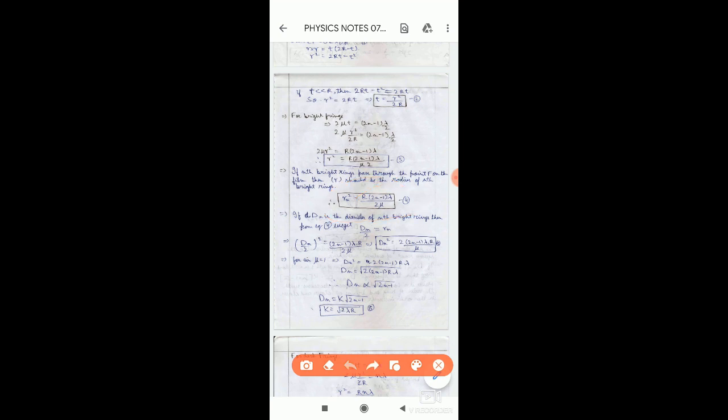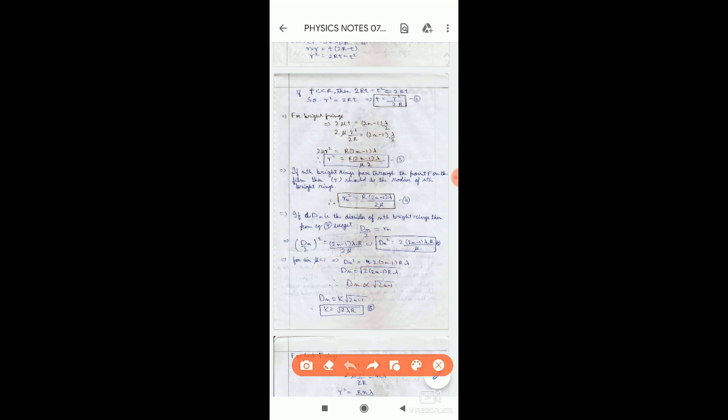Equation number 4. If capital Dn is the diameter of the nth bright ring, then from equation 4 we get rn equals Dn by 2, as we know. So put the value: Dn square equals 2 (2n minus 1) lambda R upon mu, which can be simplified as Dn equals under root of 2 into (2n minus 1) R lambda.